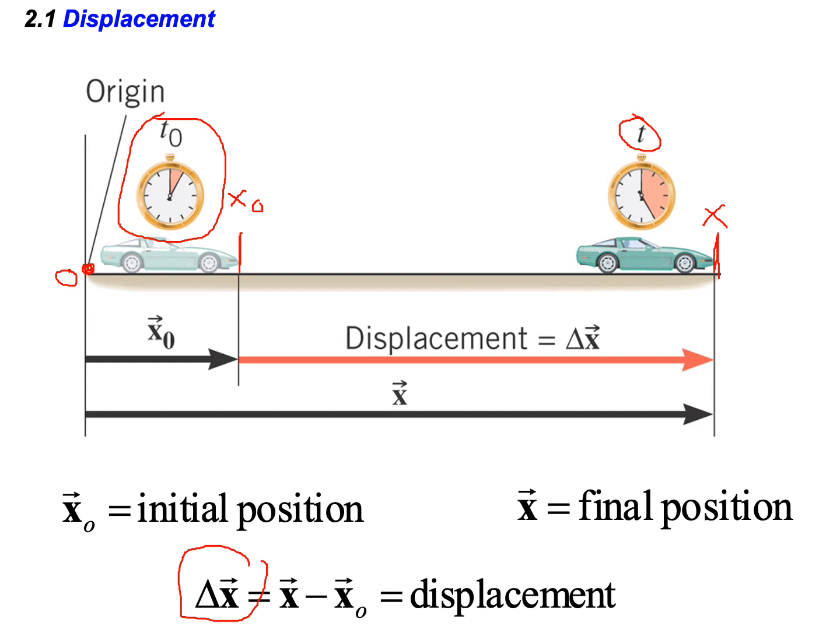This is one dimension, therefore particularly the x direction. So delta x, the position change along the x direction, is equal to x minus x naught. We call it displacement, the unit of displacement is meters, and the direction is from the initial position to the final position.